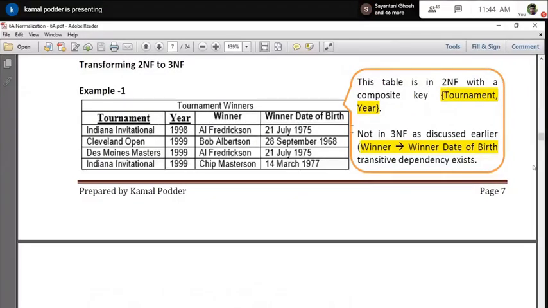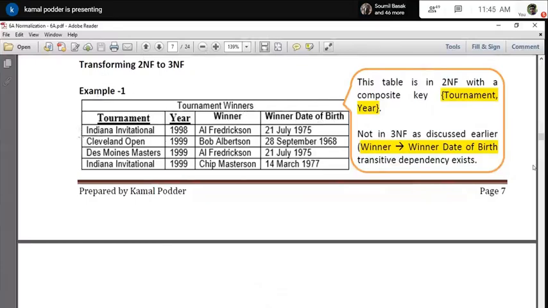But the winner's date of birth is not dependent on tournament or year or a combination of them; it depends upon the winner. So the winner depends upon the primary key, and the winner's date of birth depends upon the winner. Naturally, by transitive relationship, we can say the winner's date of birth also depends upon the primary key.